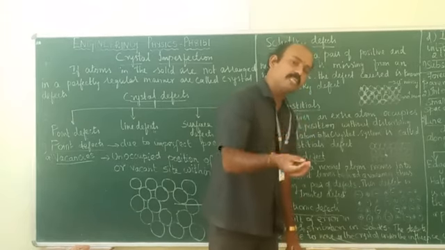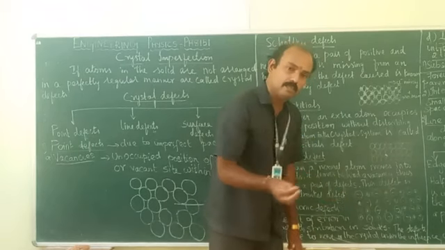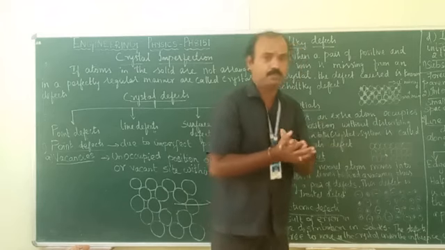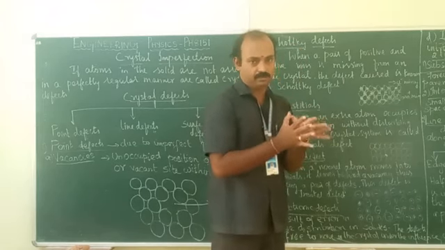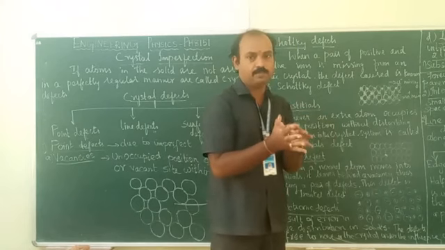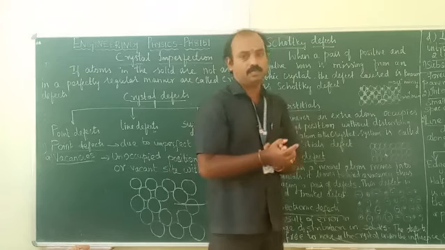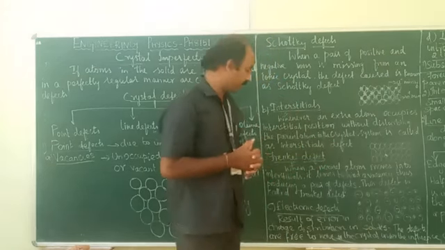Because of various factors, the positive ion is dislocated, moved from its position and occupies the interstitial position. So the own ion, an already existing ion in the regular arrangement, is now moved and occupies the interstitial position. That is a defect. That defect is actually the Frenkel defect.